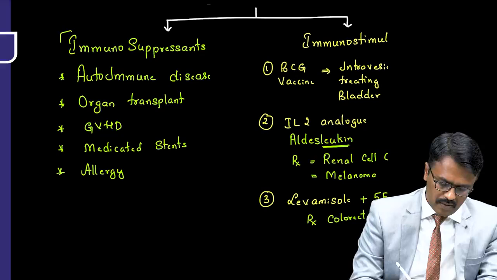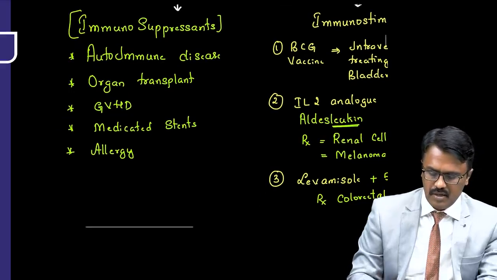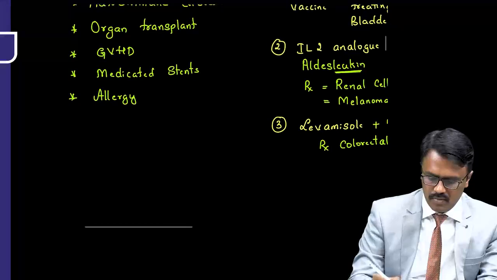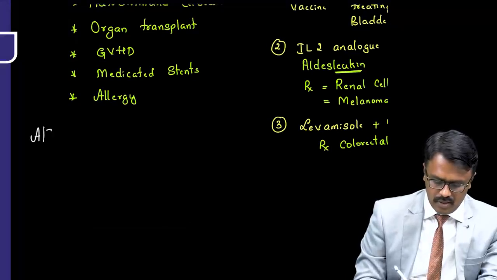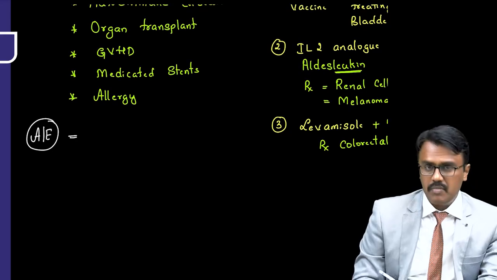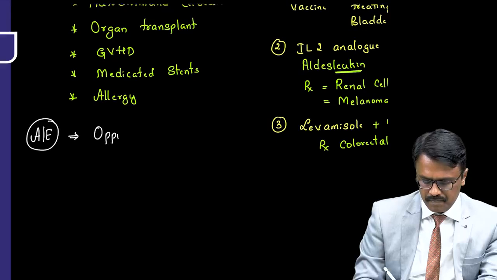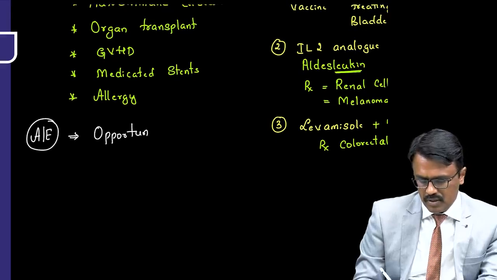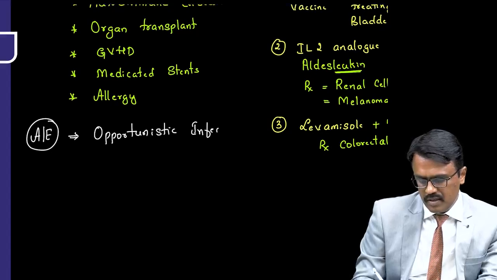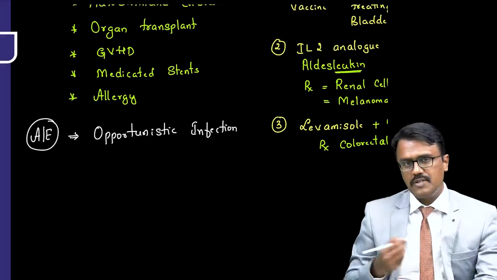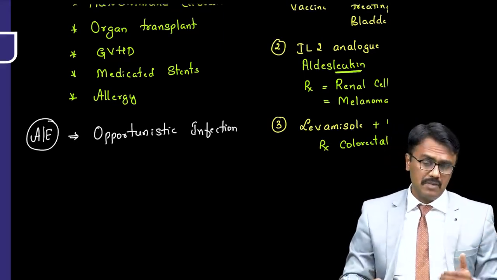So what is the problem when you suppress immunity? I told you the problem of using immunosuppressants, there are two important problems. Patients are prone to opportunistic infections. And we know steroids are also immunosuppressants.